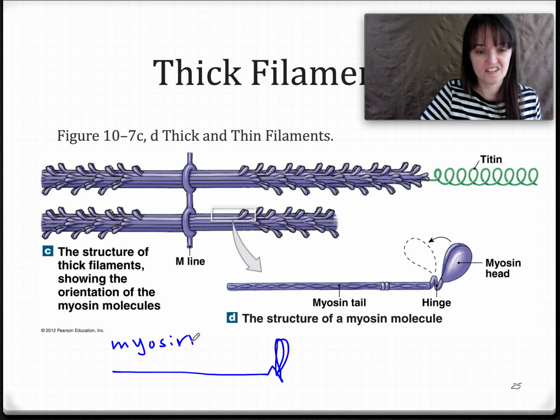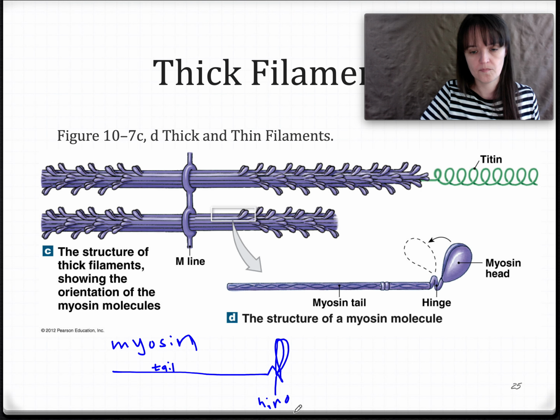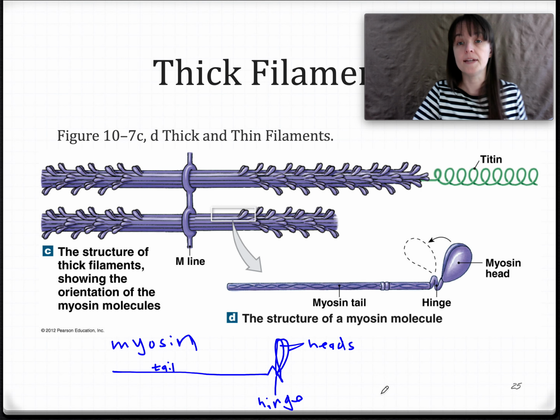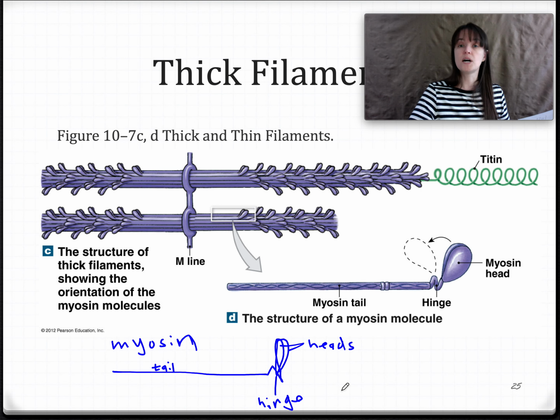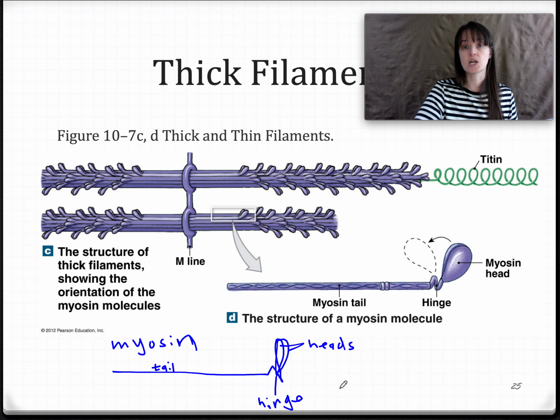Tail, hinge, heads. And it's the myosin heads that bind to the myosin binding sites on actin.